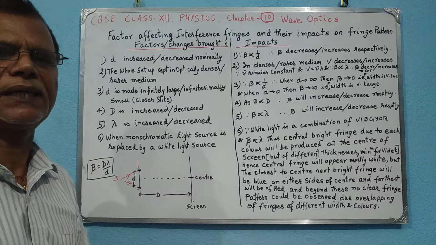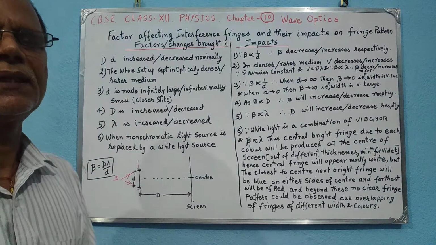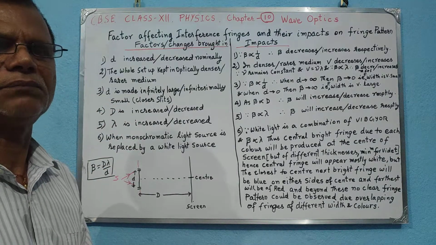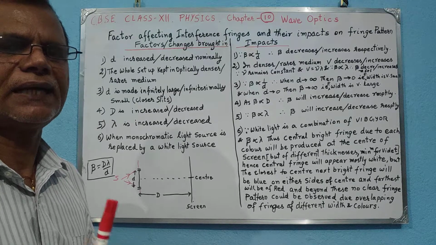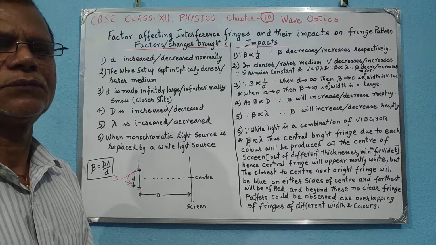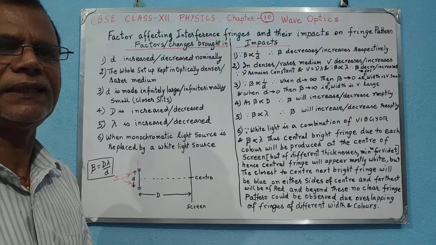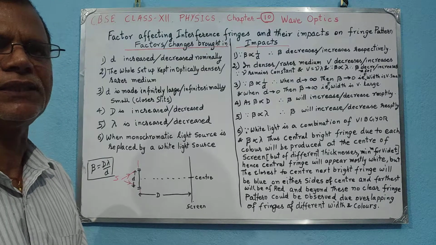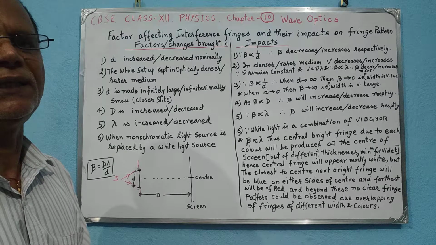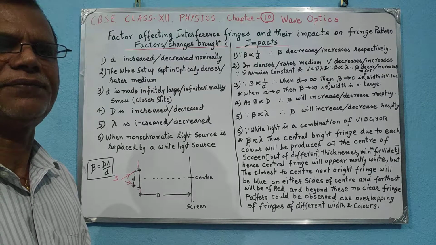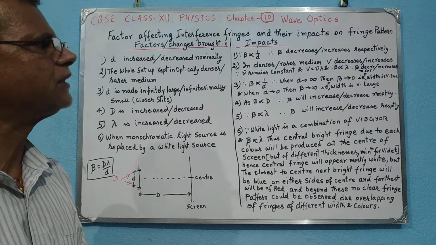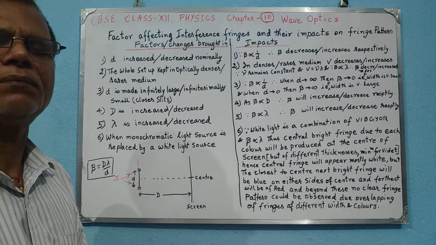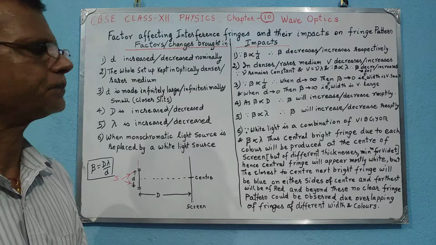For that we must understand one basic factor: whatever the medium, the frequency of light never changes. That is the characteristic of light. Only the speed of light in that medium is affected, and hence the wavelength of light in that medium also changes.